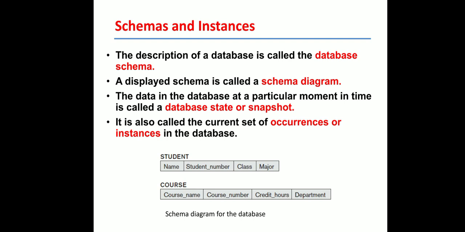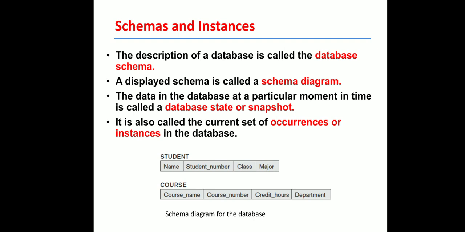If I represent these entities along with attributes in the form of a diagram, that diagram we call a schema diagram. Next comes database state or snapshot. In many question papers he has asked the definition of this.